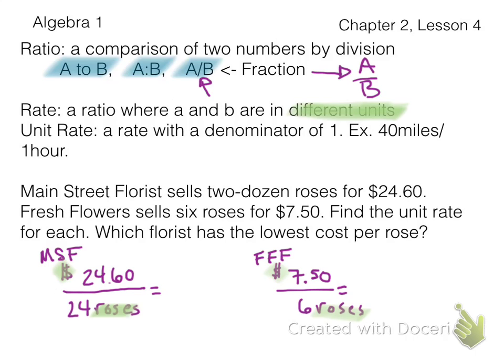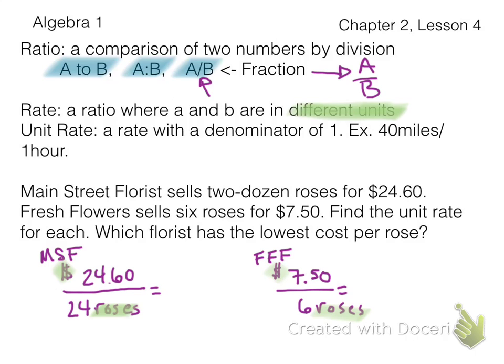All right, so here's an example problem. Main Street florist sells 2 dozen roses for $24.60, and Fresh Flowers sells 6 roses for $7.50. They want to know, find the unit rate for each.